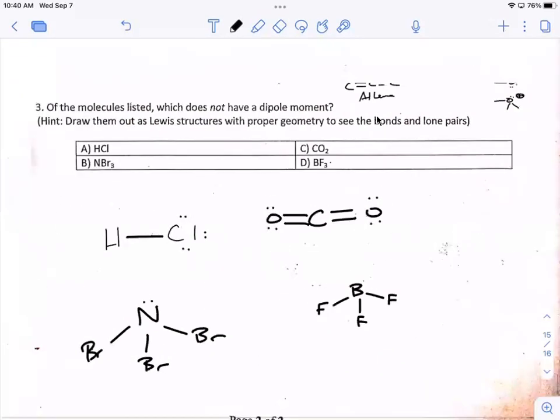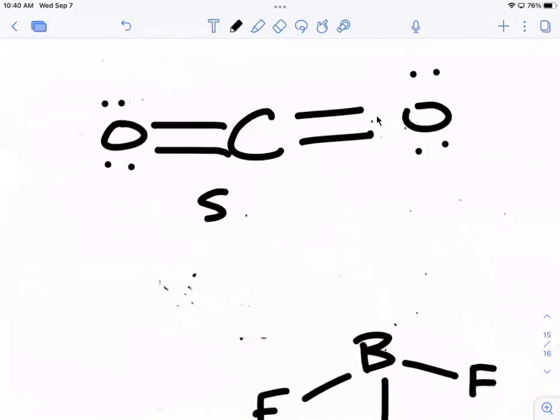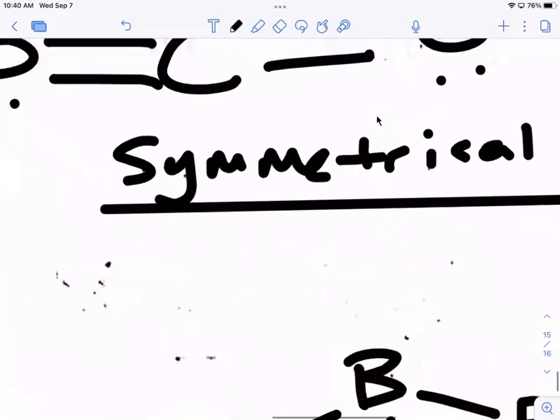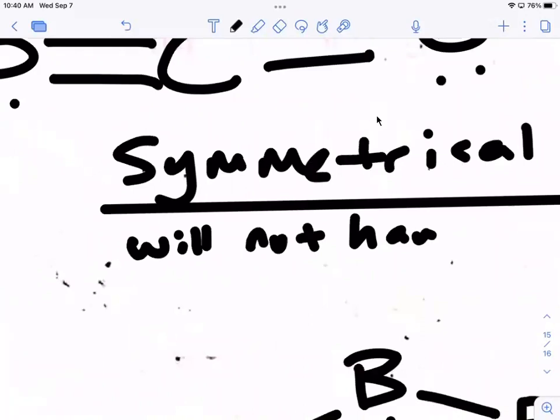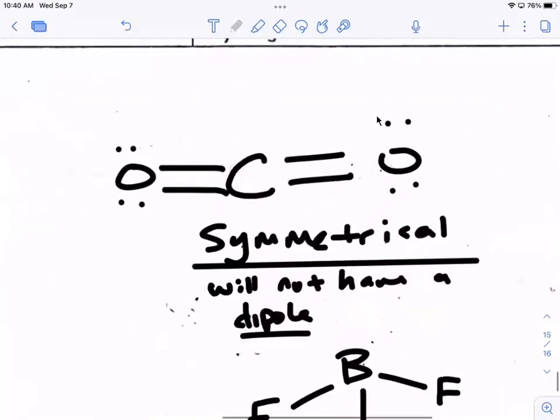All right. Now let's take a look at CO2. Let's talk about that one first. CO2 is symmetrical. In general, a molecule that's symmetrical will not have a dipole. So let's look at it. We think about the dipole arrows in the CO bond.